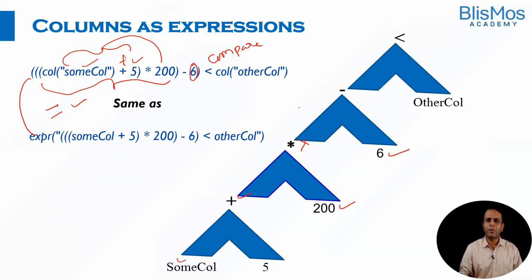Further, result of this will be compared with the other column, whether it is less than that particular column or not. So both of these will result in the same logical tree. We understood how columns are an expression. Columns can be referred to as expressions. That is how columns work as an expression. Thank you.